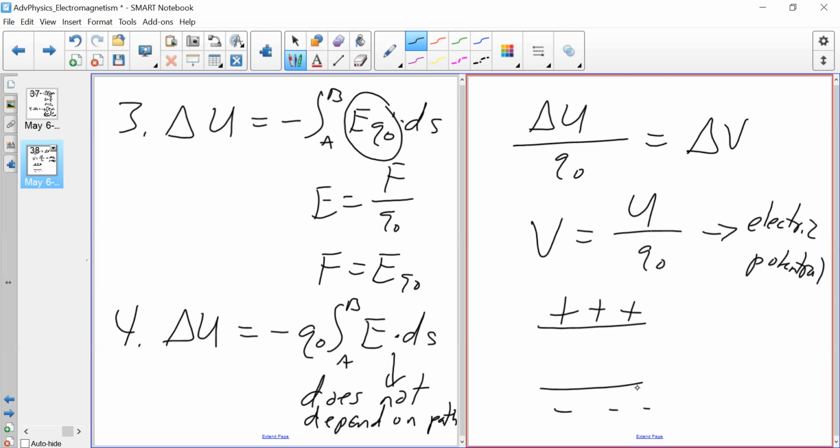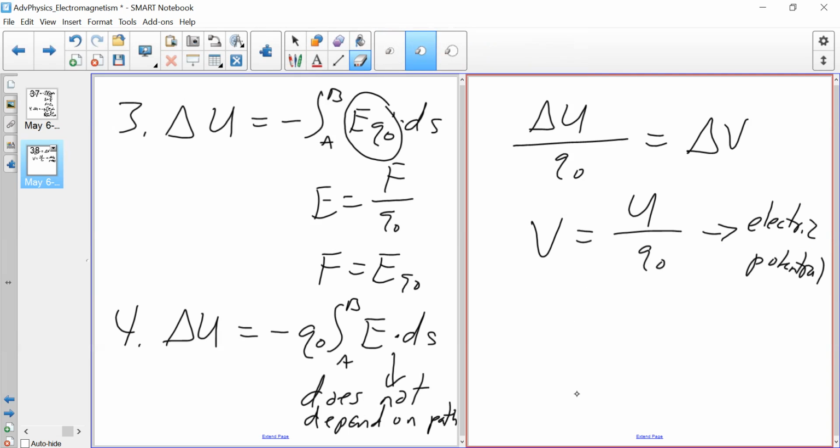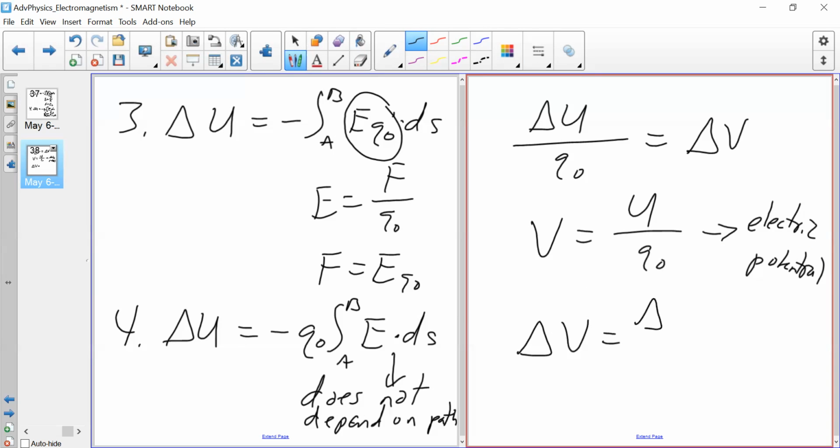Now, in terms of what we have, and for delta U, because it's delta, we make this delta V equals delta U over Q naught. There you have it, because this is the definition, so we're not dealing with just static. This is going to be like the potential at any point.